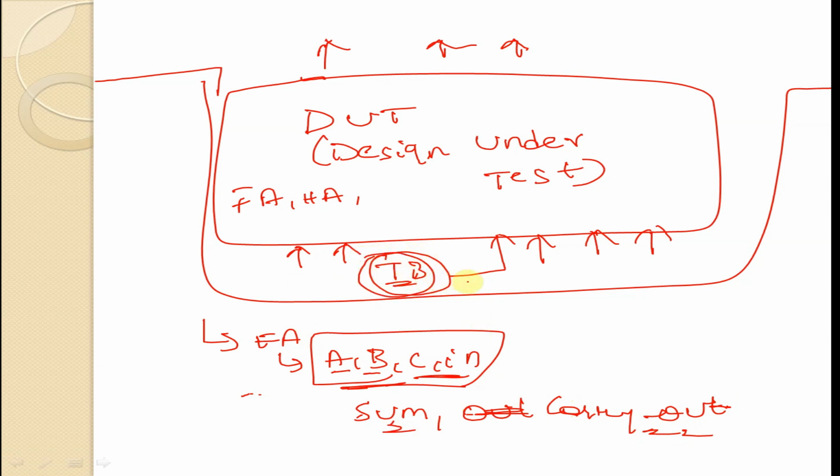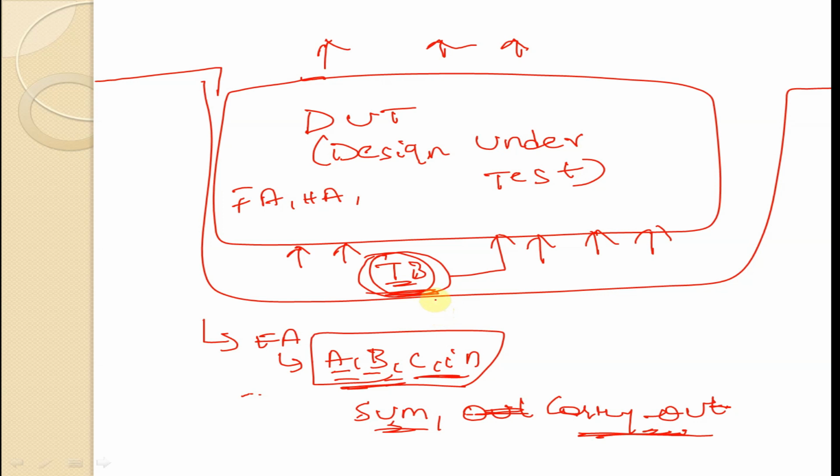So from our test bench we are driving inputs to our design, that is A, B, C, and we are getting outputs from our design and we are capturing them in our TB with the help of sum and carry out. So like this we will design a code and we will check whether our design is working properly or not with the help of a test bench.